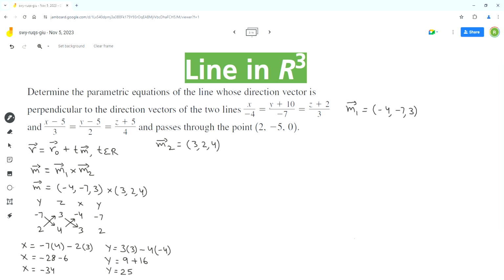Now we can find the z component. We should cross multiply the x and y components. Minus 3 times -7.